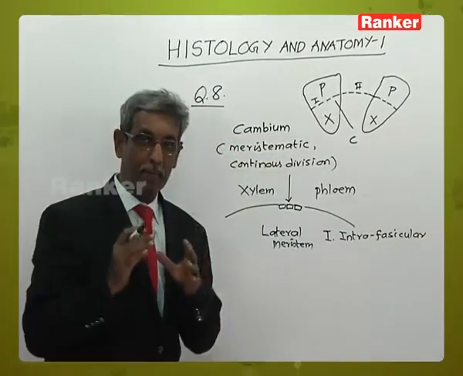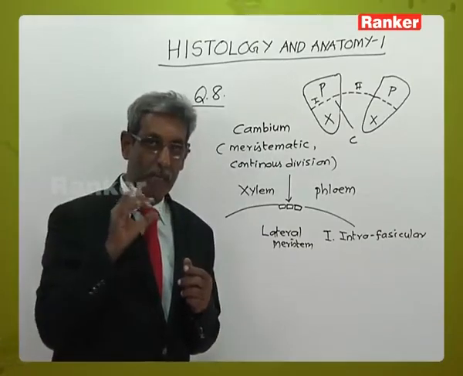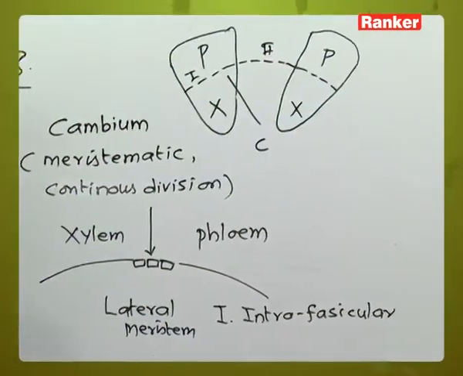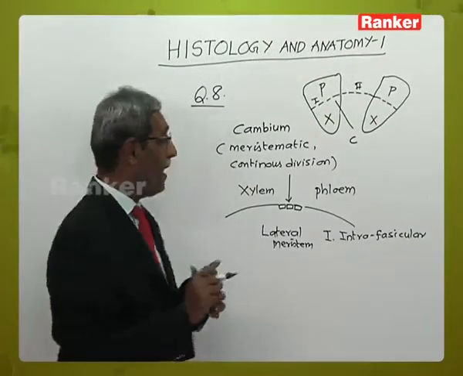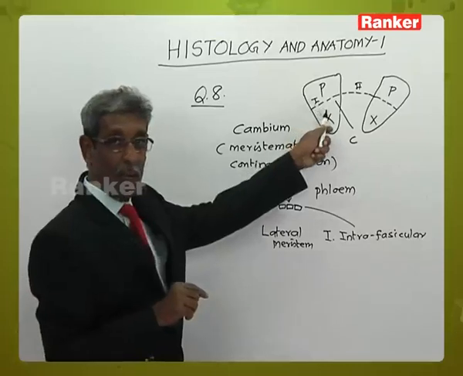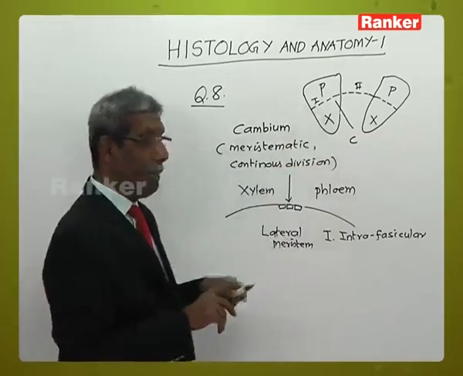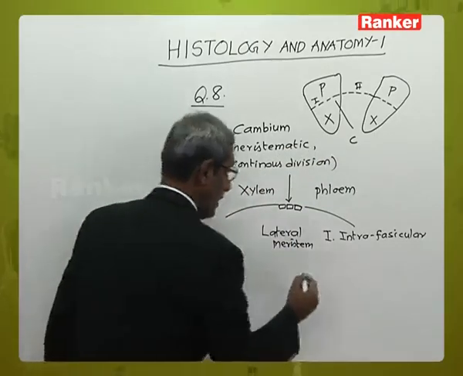Intra means within. So, within the fascicular structure, the fascicular structure is predominantly made up of xylem and phloem tissues. So, between the xylem and the phloem tissues, we have the presence of the intrafascicular cambium. In addition to the intrafascicular cambium, between two vascular bundles, we have the interfascicular cambium.